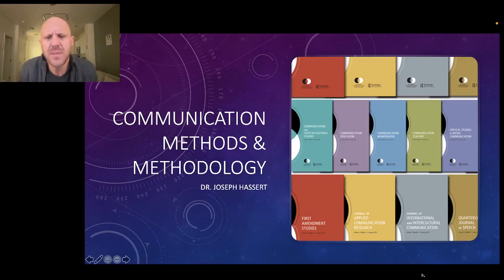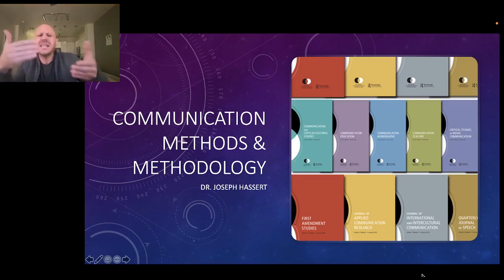They're peer reviewed, meaning that other communication scholars are reading it, criticizing it, and ultimately deciding what goes into these journals. In addition to journals, scholars will publish books. They will give lectures or talks. They'll create videos. Sometimes they'll create different aesthetic products. So research gets shared in a lot of different ways.